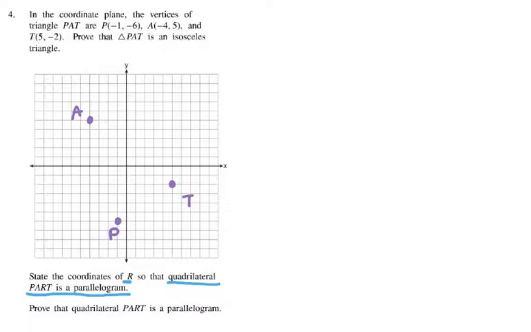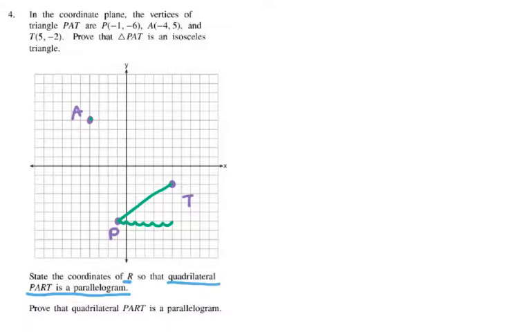So I know that I'm going to be looking for a point somewhere in the first quadrant. In order to find this point, I want to make sure that my slopes and distances are going to be congruent to each other. So for my slope, I'm going to make sure that PT will have the same slope and the same distance as A to wherever point R is. For this, I'm just going to simply count boxes.